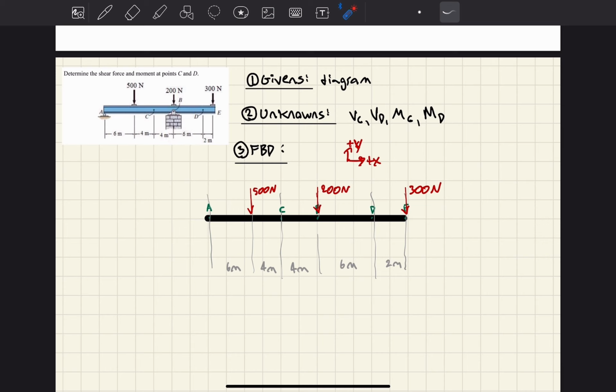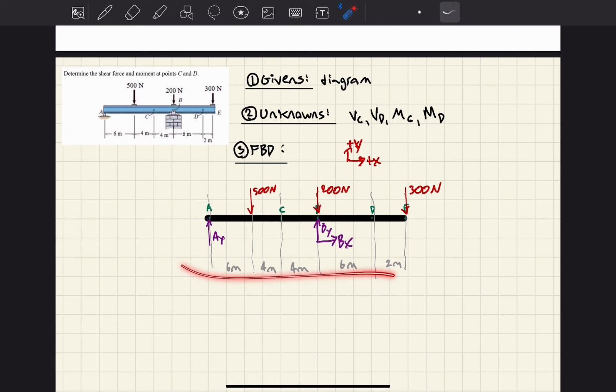For a pin connection, as you have at point B, you're just going to have a Y component and an X component, which is called BX and BY. This roller connection, you're just going to have a vertical component, so AY. So we're going to add those in this color. So AY, you have BY, and you have BX.